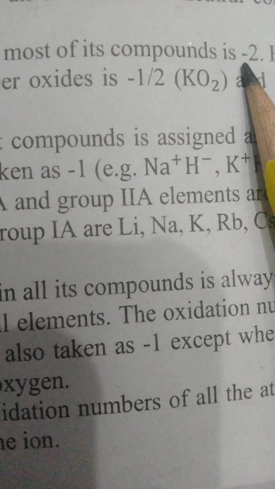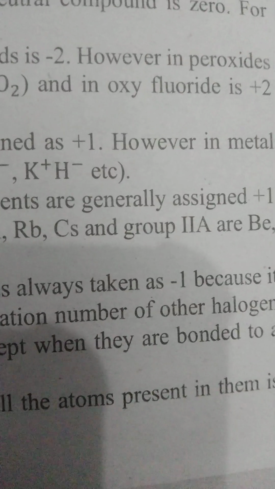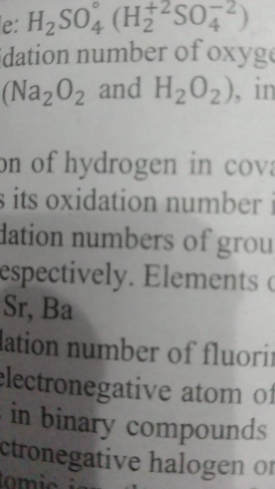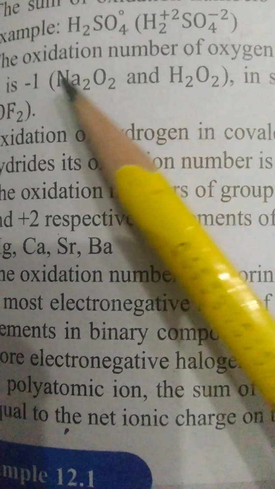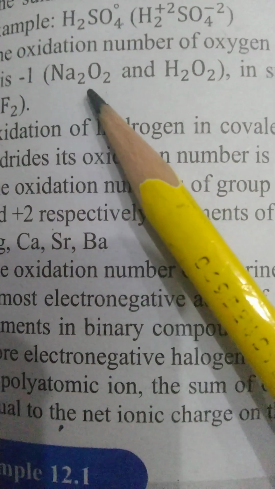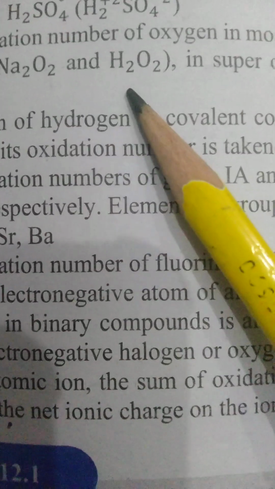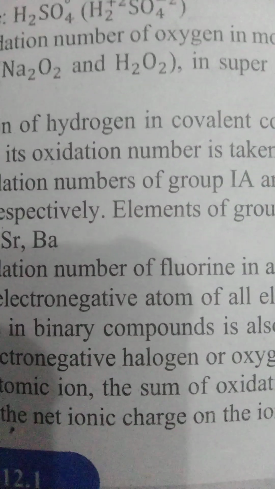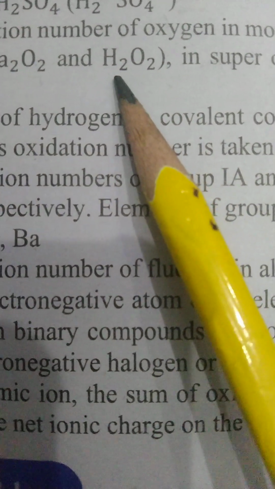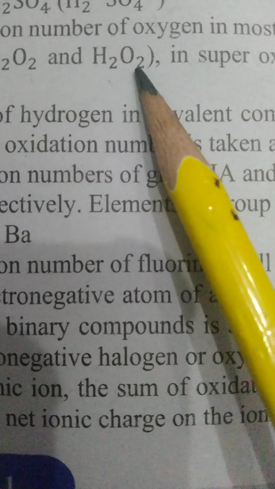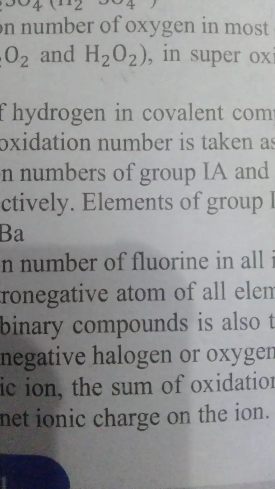Then what is it in the case of peroxide? In peroxide, oxygen is -1. Why -1? Here an additional oxygen is seen: Na2O2, H2O2. Mostly we know it is H2O, but here in H2O2 one additional oxygen is seen.